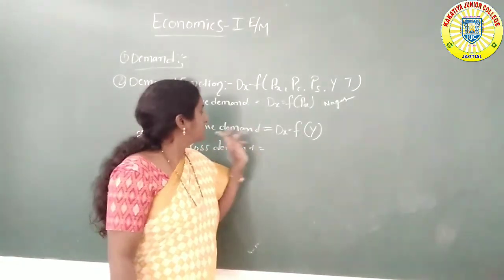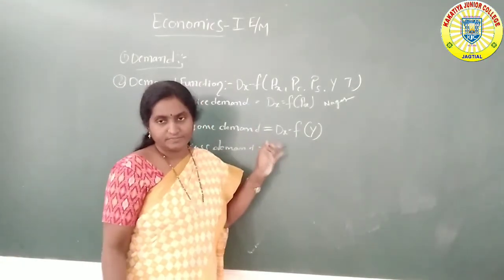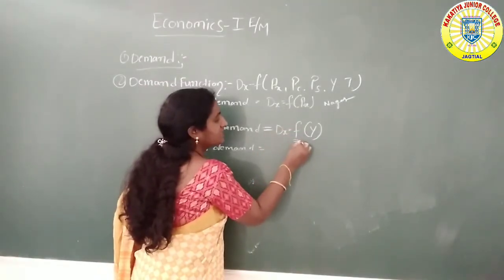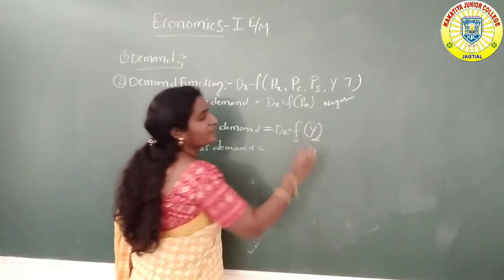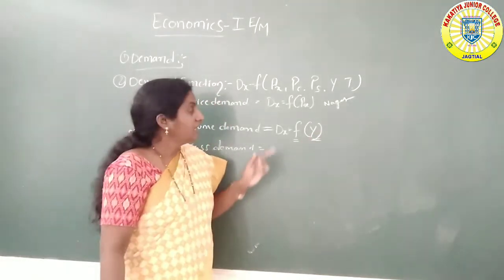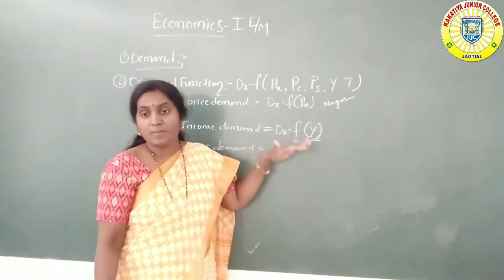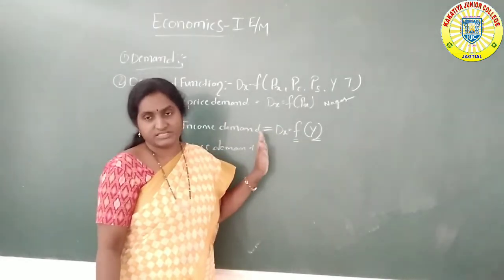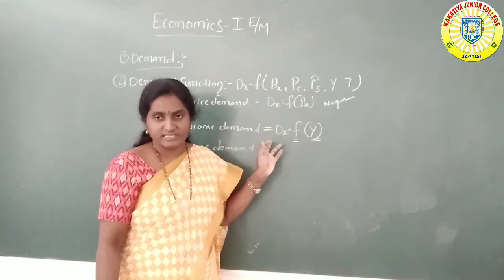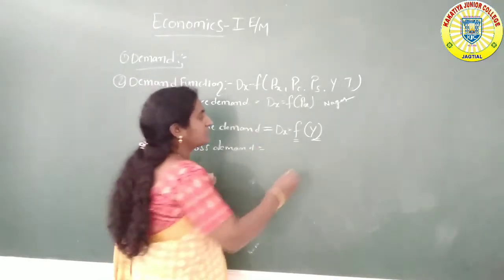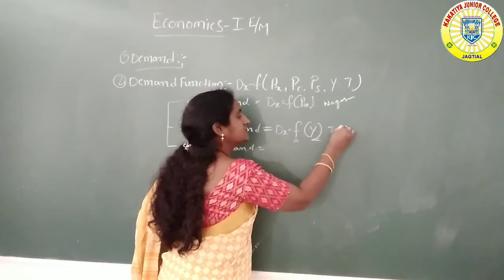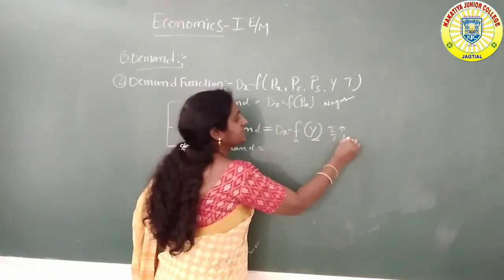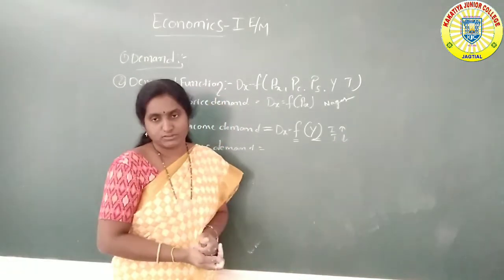Dx is the demand for commodity x, f means functional relationship, Y means the income of the consumer. Based on the income of the consumer, he always purchases different goods and services. When the income of the consumer increases, he demands more goods. When income decreases, he demands fewer goods.